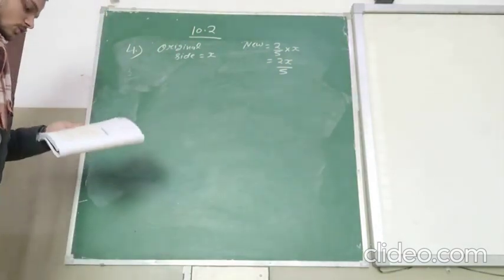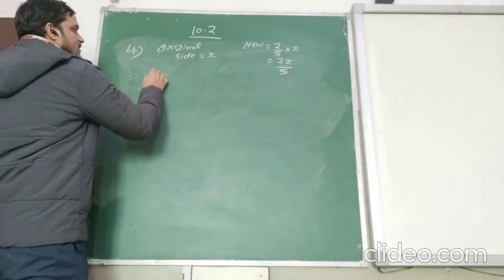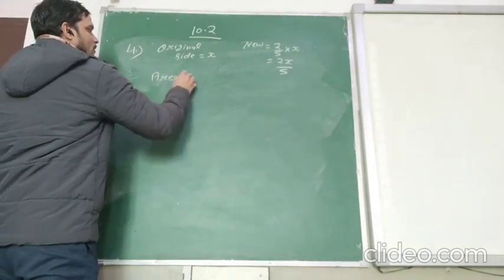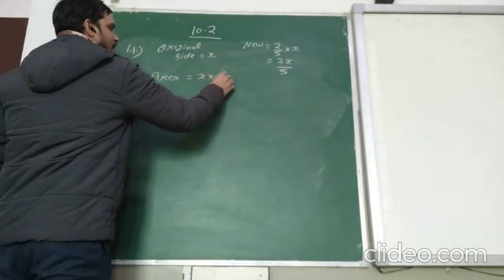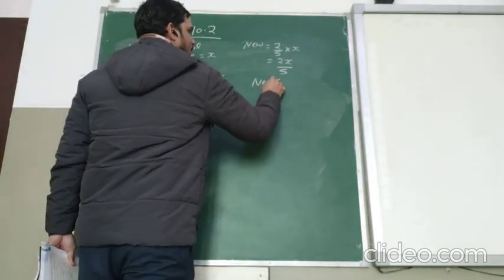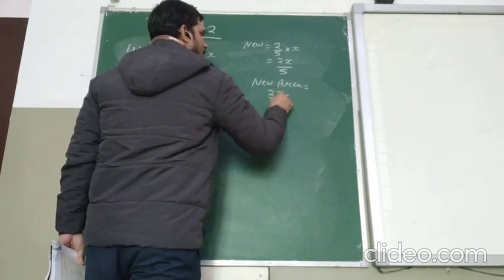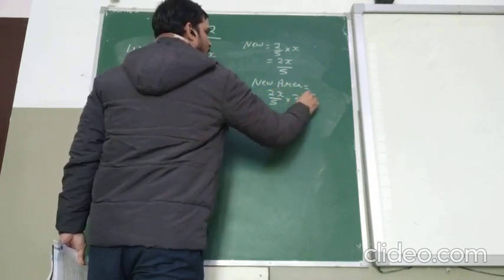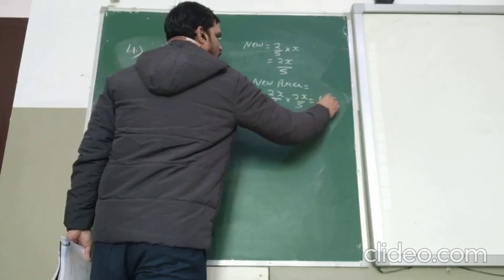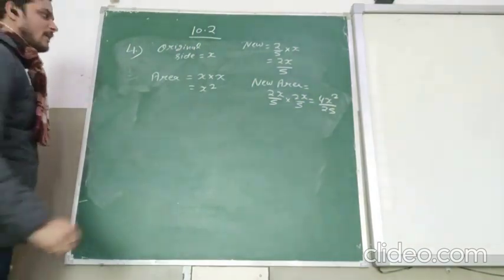Now question wants to know area of a square कितना कम हो जाएगा. तो this is area x into x, x square, and new area 2x upon 5 into 2x upon 5, 4x square upon 25. So how many times?